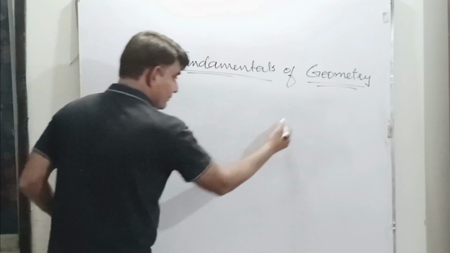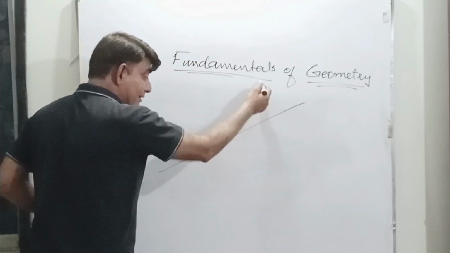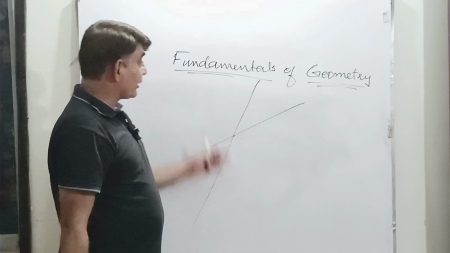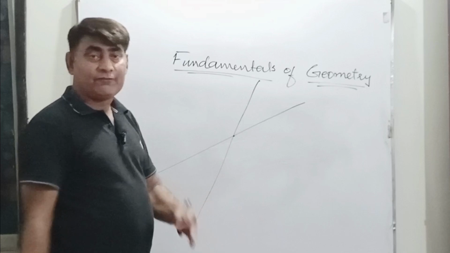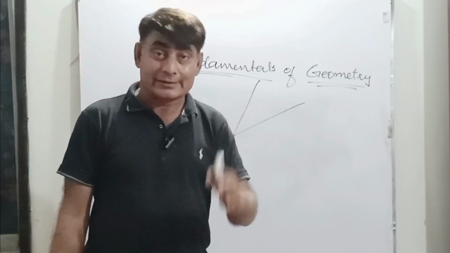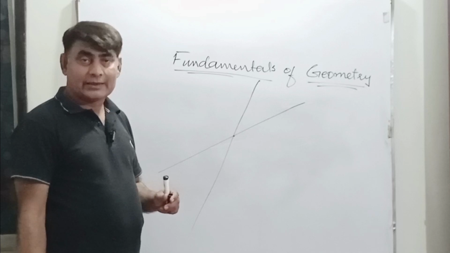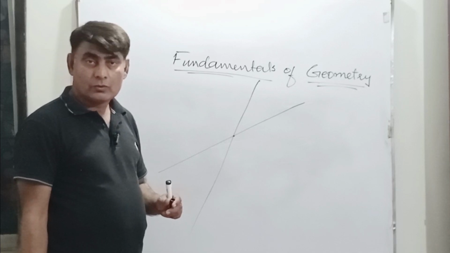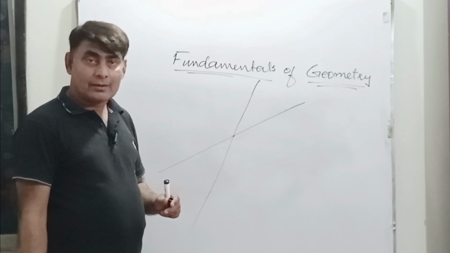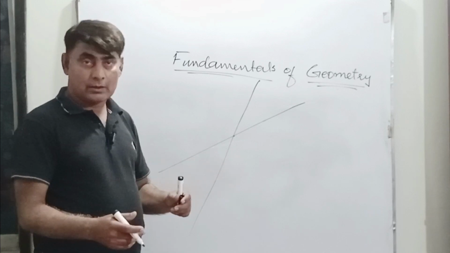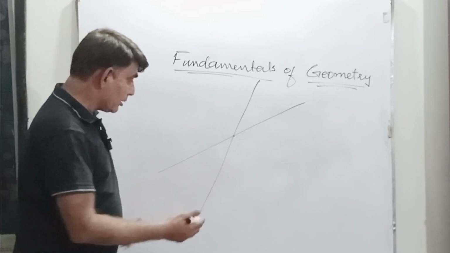If two straight lines are not parallel, they intersect each other at a single point of intersection. When they intersect each other, there is a formation of congruent vertical opposite angles, congruent opposite angles.